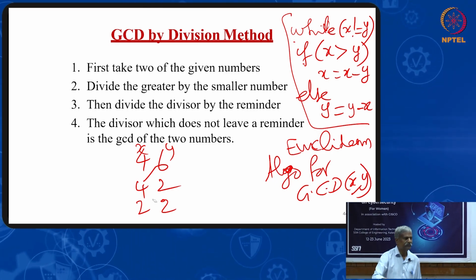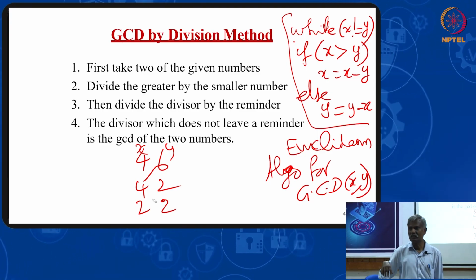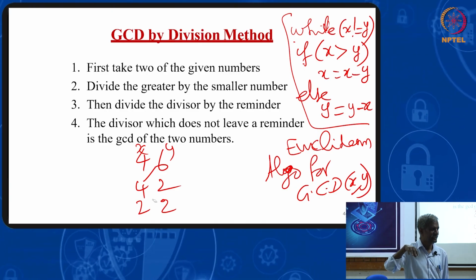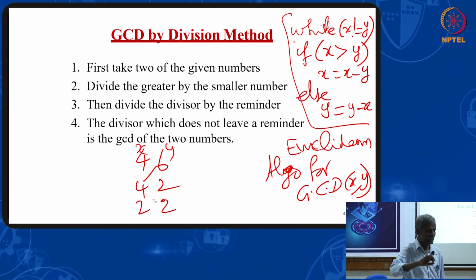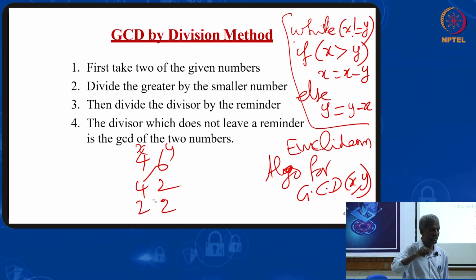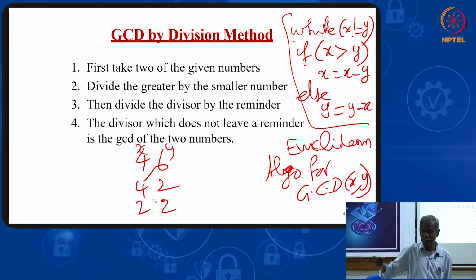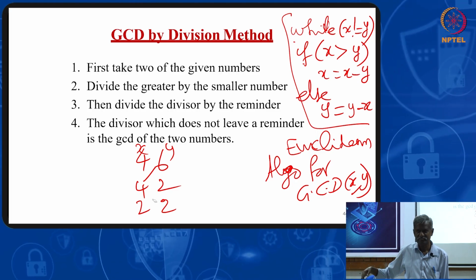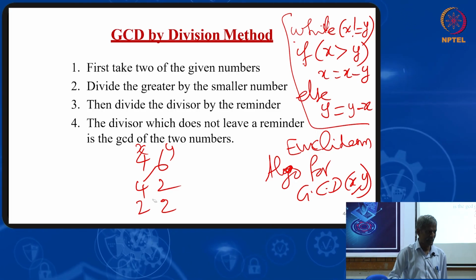Now you check: is x not equal to y satisfied? No. When everything is over, you write return x or return y. Anything is okay. So I did not write that statement. The last statement should be return x or return y. So return x, 2 will be returned. That is the greatest common divisor.